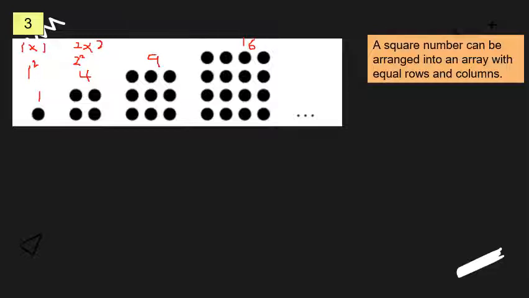So one generalization we can make about square numbers, and this is how we get their name, is that a square number can be arranged into an array with equal rows and columns. So there's always the same number of dots in each row and column if we arrange it that way. So that's one generalization we can make.